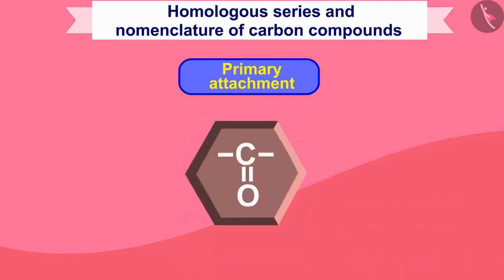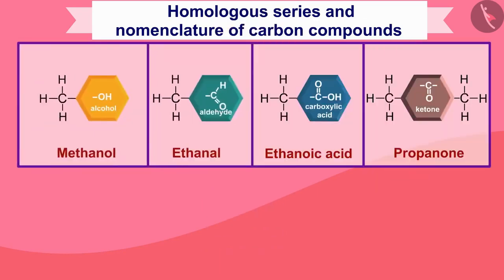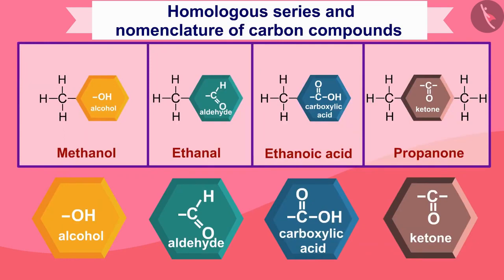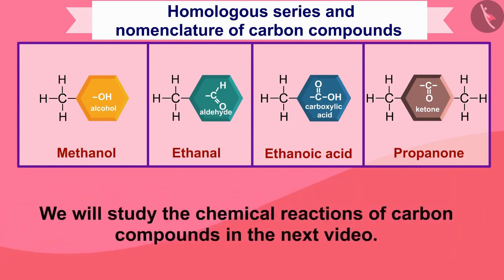If you see CO, this is ketone, and you will write one for it. These are the magical formulae that once you have understood, you can write the name of any carbon compound. We will study the chemical reactions of carbon compounds in the next video.